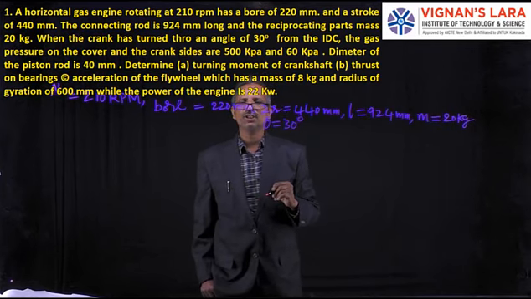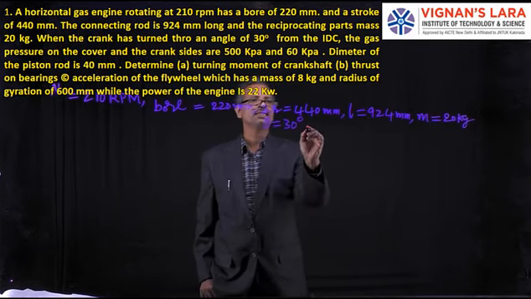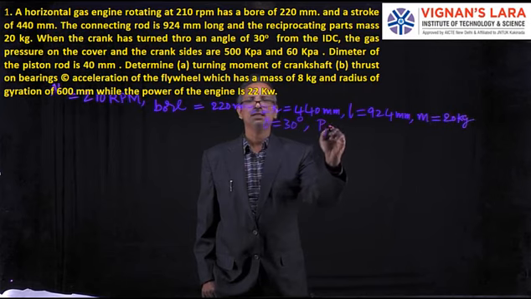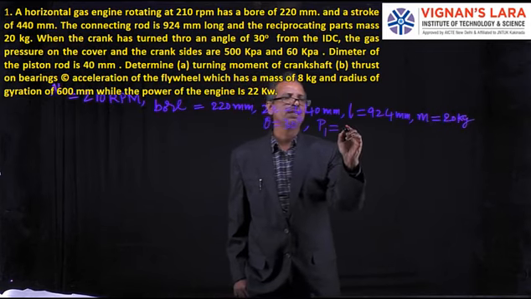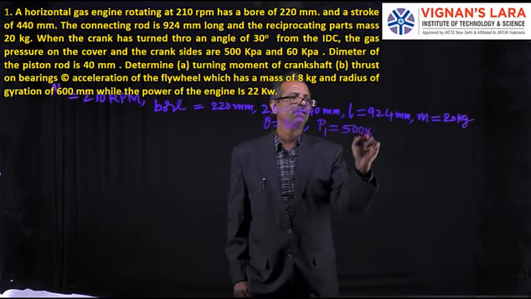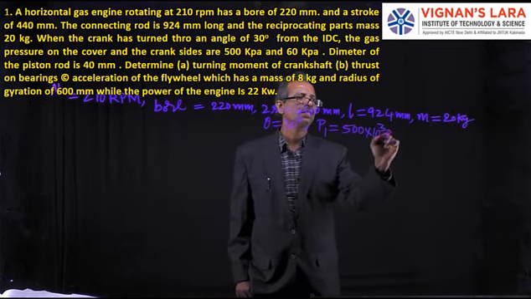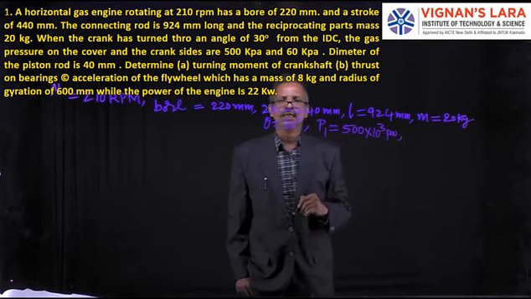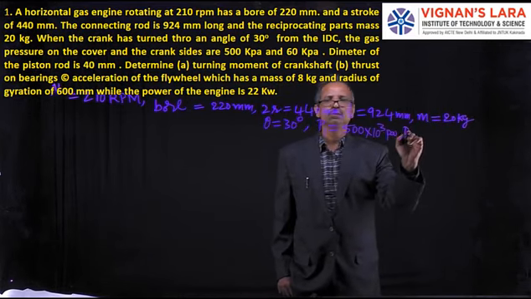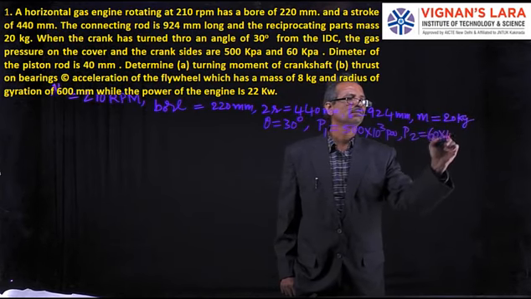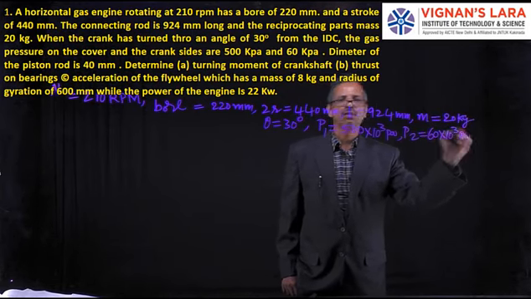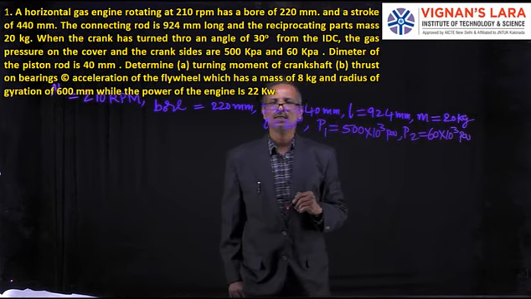The gas pressure on the cover and the crank sides: P1 on the cover side is 500 kilopascal, that is 500 into 10 power 3 pascal. Then the other side, P2, is 60 kilopascal, that is 60 into 10 power 3 pascal.